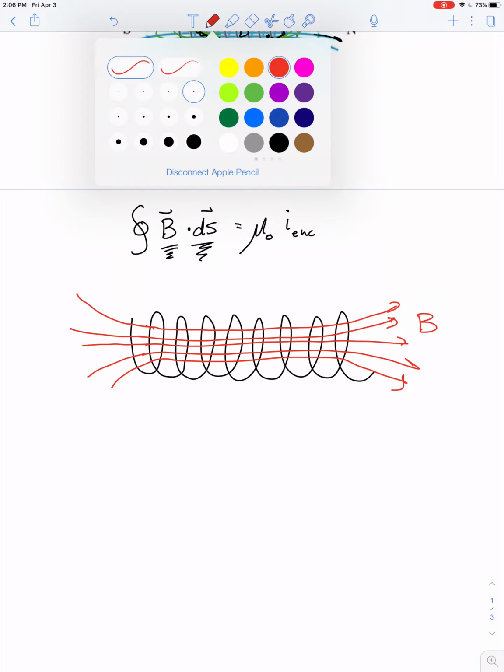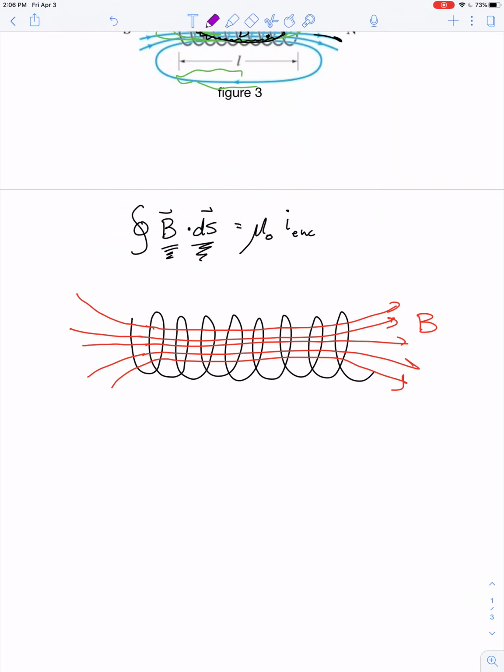So the Amperian loop I want to picture is rectangular. And I'm going to choose an Amperian loop about that long. My rectangle is half in the solenoid and half out of the solenoid. It has a length of L, a width of W. And then I'm going to break up that whole loop into little bits.